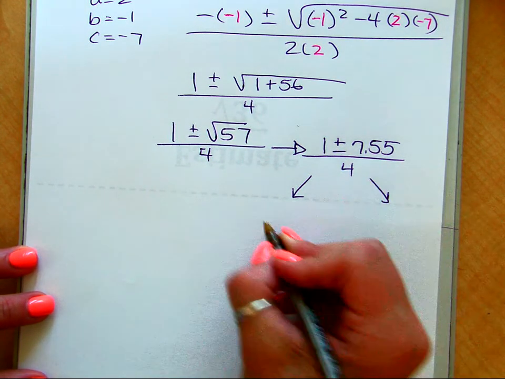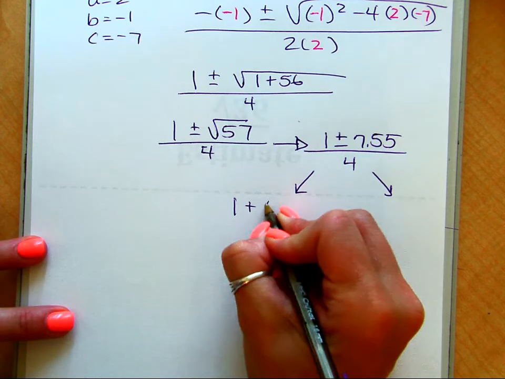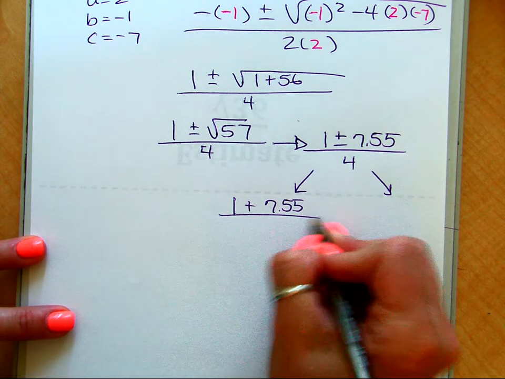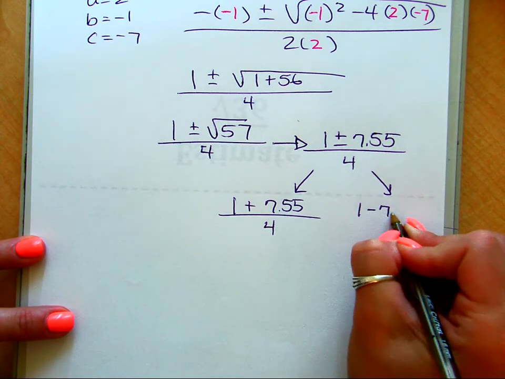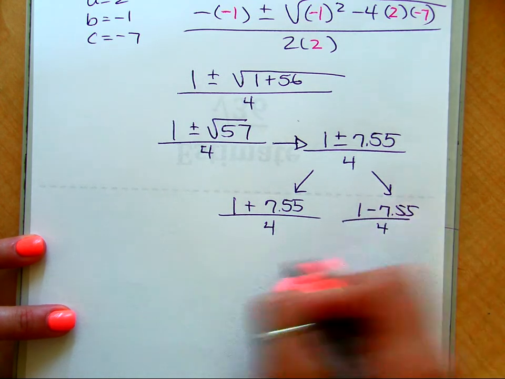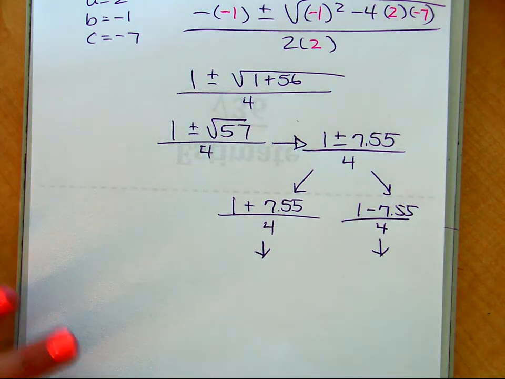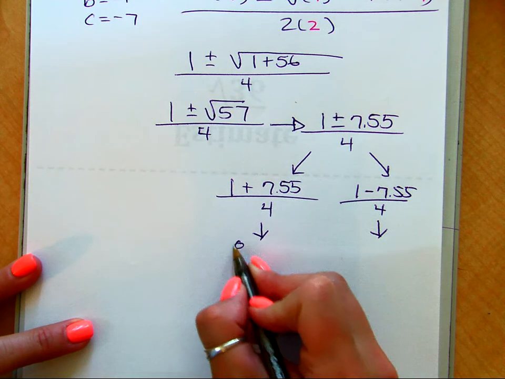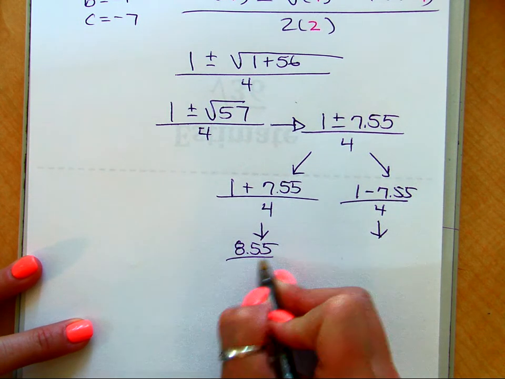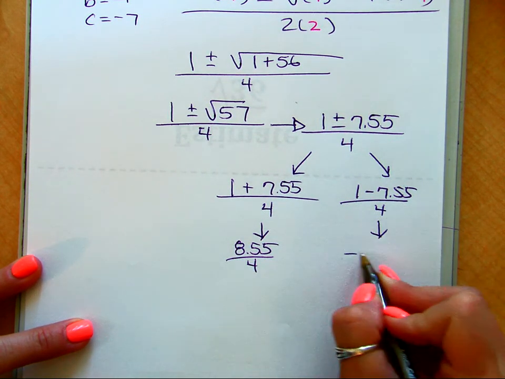So 1 plus and 1 minus. And then you solve each of those, and you will have your zeros. So 1 plus that is 8.55, and then this is negative 6.55.